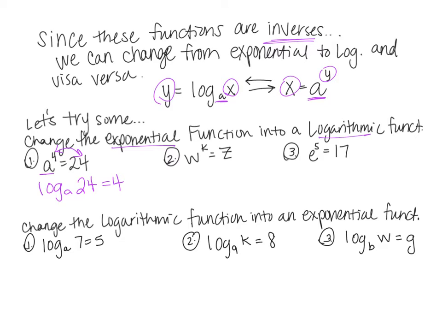All right, let's look at the next one. I'm now going to write the log of w, switch, so it'd be z equals k. All right, last one here, I would say log e 17 equals 5. Now, let's talk about this last one here.